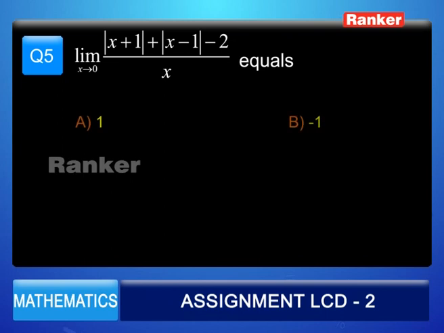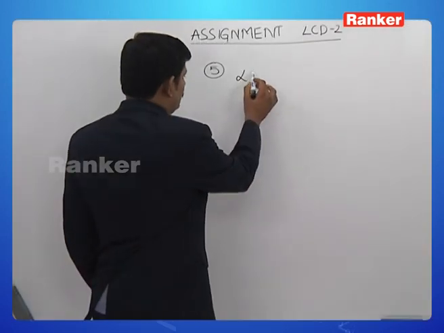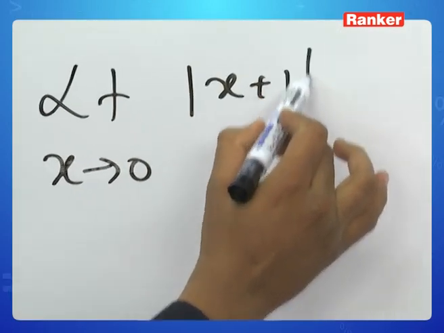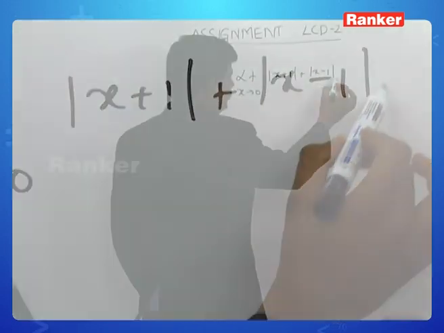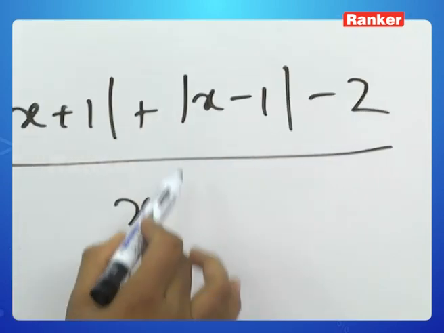Limit x tends to 0, modulus of x plus 1 plus modulus of x minus 1 minus 2 divided by x. We have to evaluate limit x tends to 0, modulus of x plus 1 plus modulus of x minus 1 minus 2 divided by x.